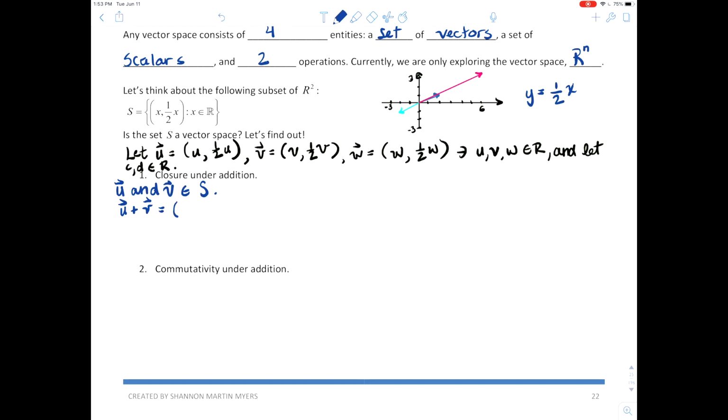So u plus v is equal to, in component form, u comma 1/2 u plus v comma 1/2 v, which is u plus v, again these are just real numbers, comma 1/2 u plus 1/2 v. Now we haven't quite done it yet because we want to have the 1/2 factored out. We need it to be exactly in the same format. So this is equal to what?